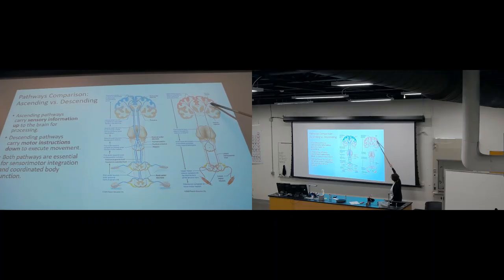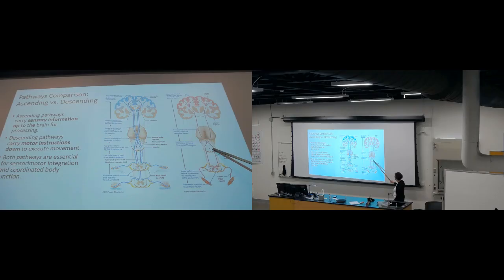So this migration of these axons happens through this little structure that's called the internal capsule. And this pathway that starts in the cortex will start with the name cortical, for the cortex. And then it goes to the spinal cord, that's why it's called corticospinal.